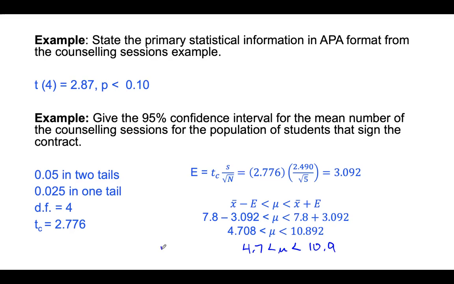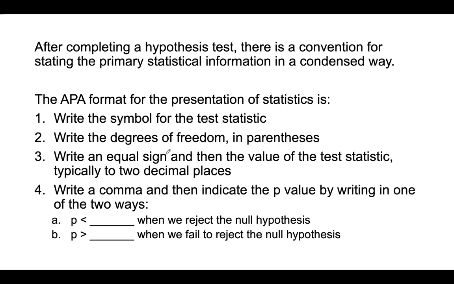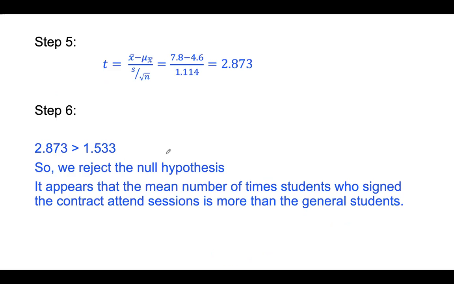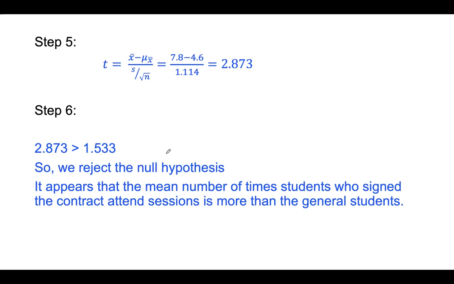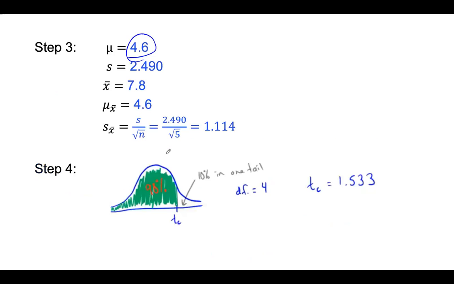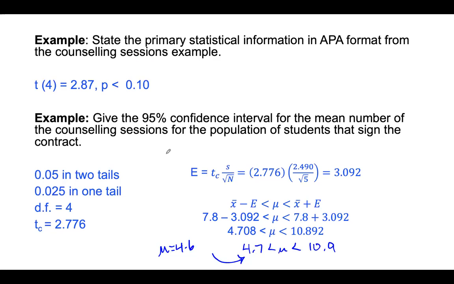So is mu when it's 4.6 in here? No, it's outside of the 95% confidence interval. So this makes sense because we rejected that null hypothesis for this value, I believe at 90%. So at 95%, it's still not in that confidence interval. So this is how it all comes together with the confidence intervals.